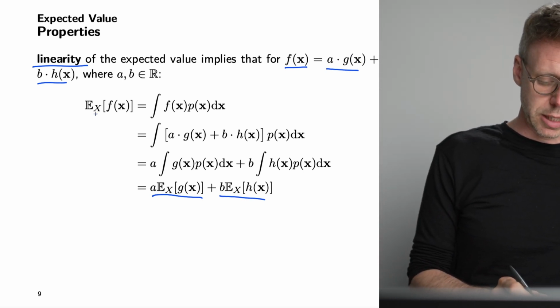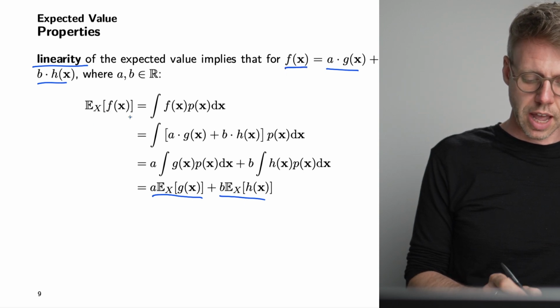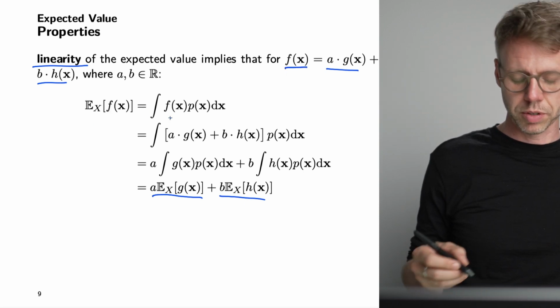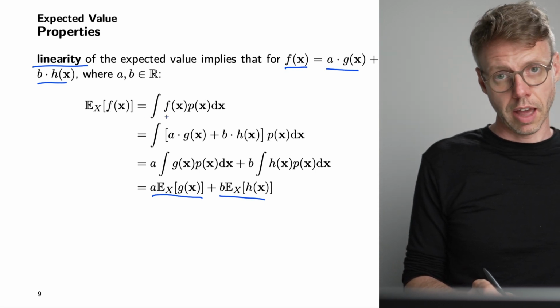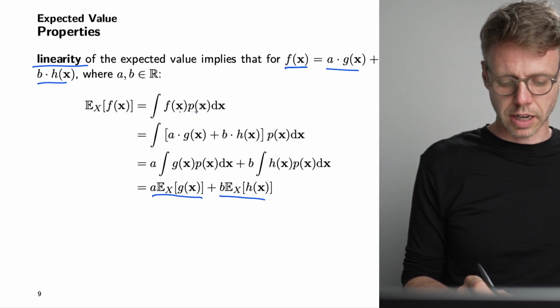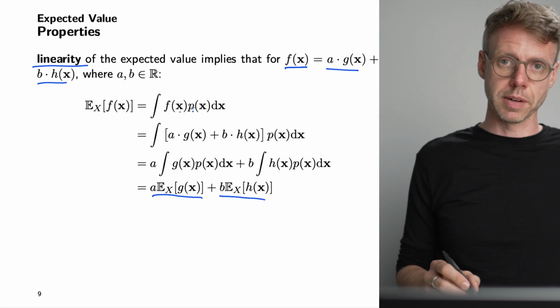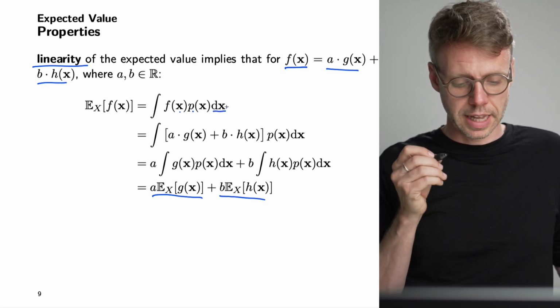Then the expected value of this combination f is equal to, in the continuous case, the integral of f(x) weighted by the density of this random variable x, and it's the integral over the variable x.